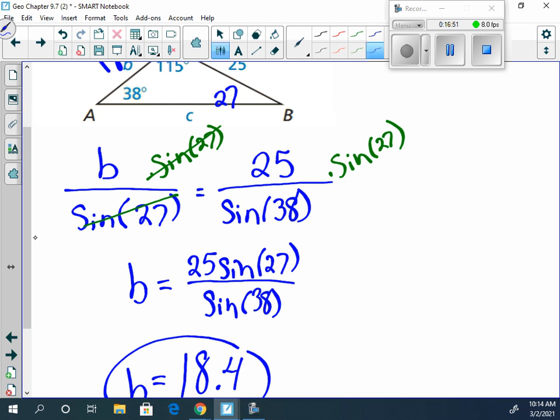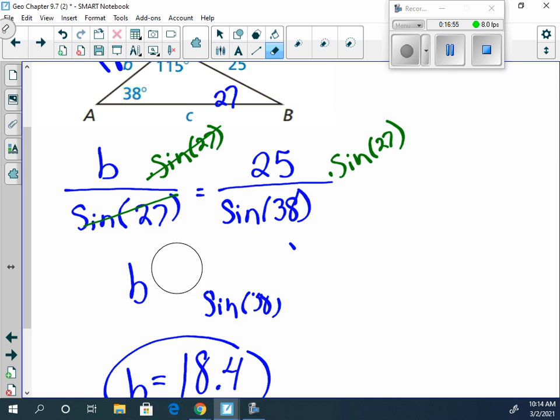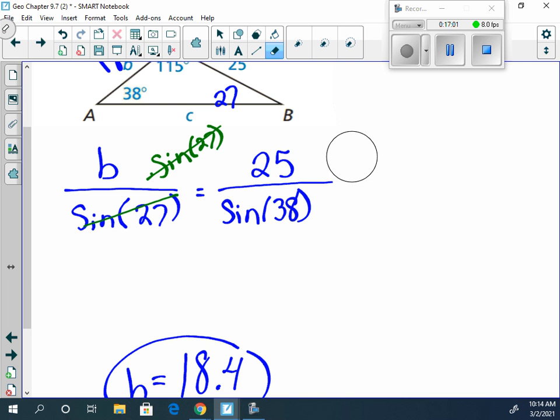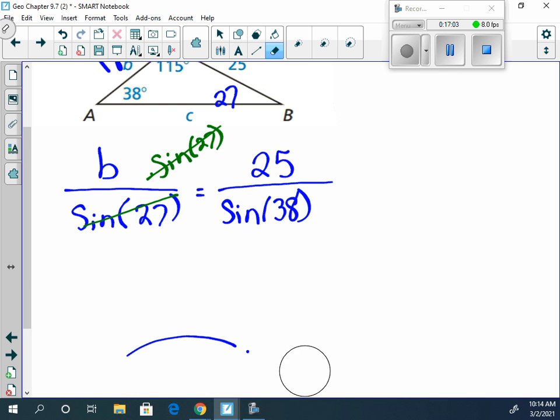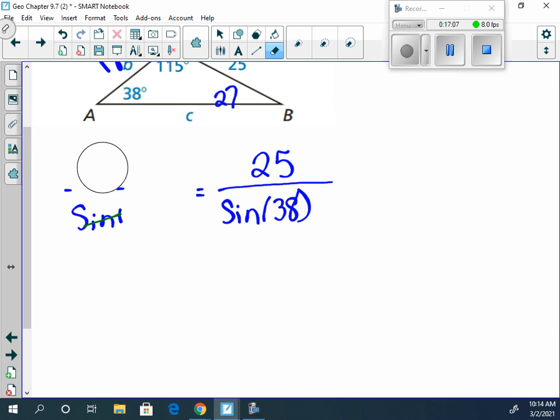You ready to find side length C? 18.4? 18.24 would be a little weird. Okay. Well, we can really keep 25 over sine of 38. That still works out for our problem.